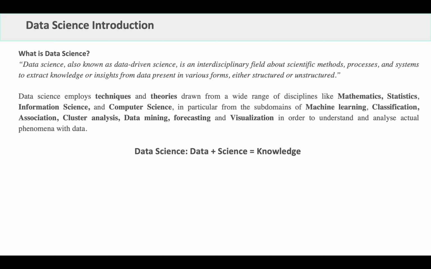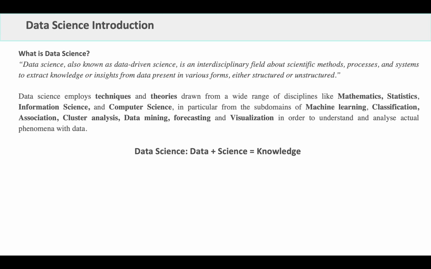It can be in many forms. The data can be in structured or unstructured form. So we will be discussing both types of data today. We will see how structured data can be processed, and how unstructured data or text data we can process using natural language processing.